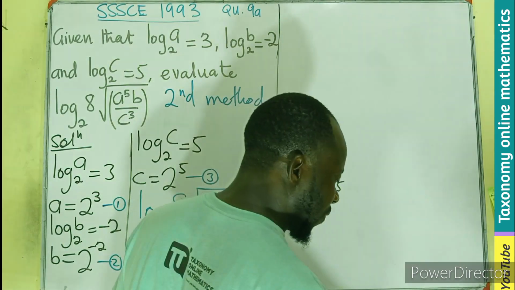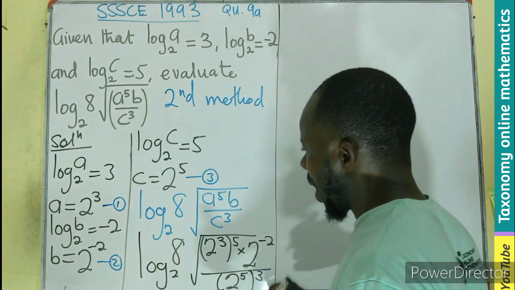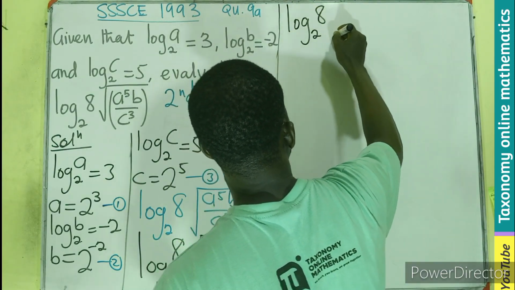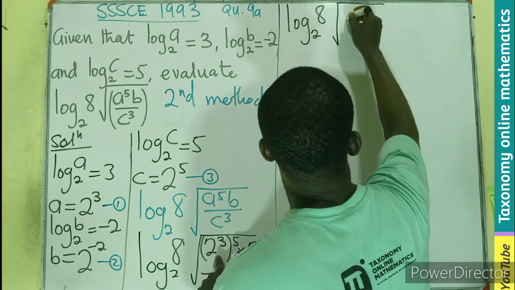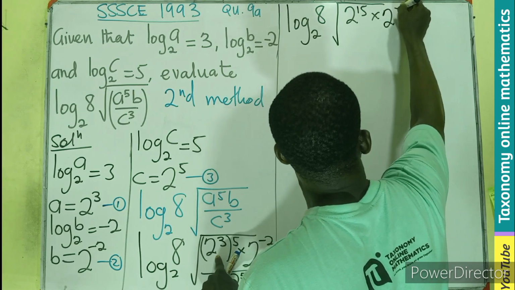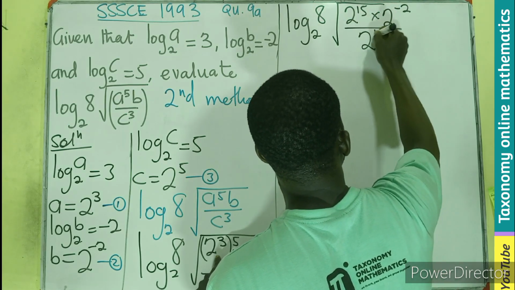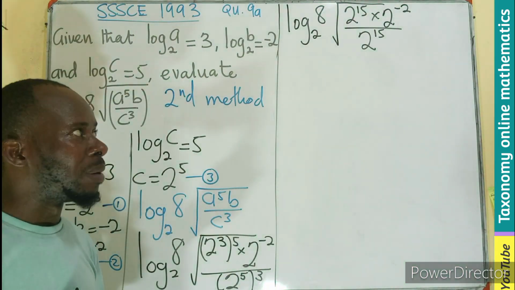To simplify further, we are going to have the logarithm of 8, base 2, times the numerator becoming 2 exponent 15 times 2 exponent minus 2, divided by 2 exponent 15, per the multiplication of the powers.